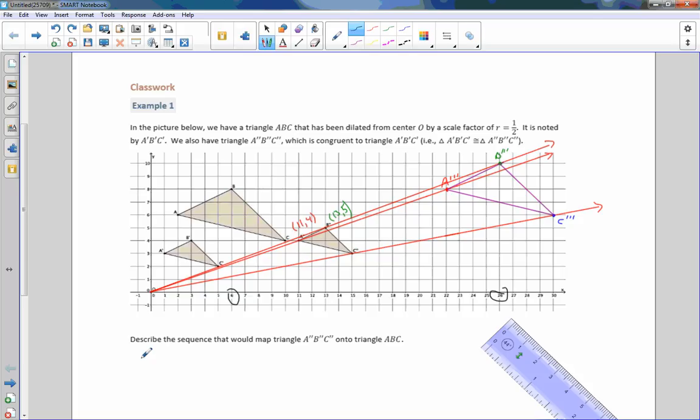So if I describe my sequence, then I would say triangle A triple prime, B triple prime, C triple prime has to be translated.